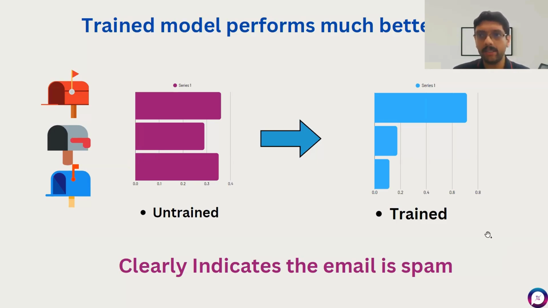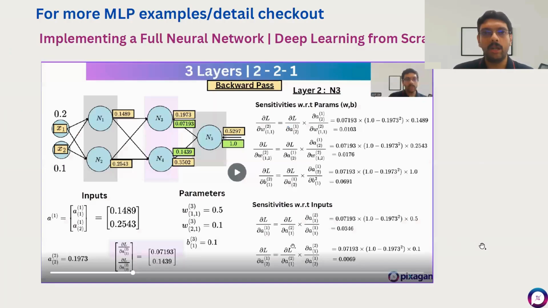In our case, predicting whether the email is spam, important, or marketing. Hopefully that has given you a visual or intuitive understanding of a feed-forward neural network specifically, but in general, what neural networks are and how they work.